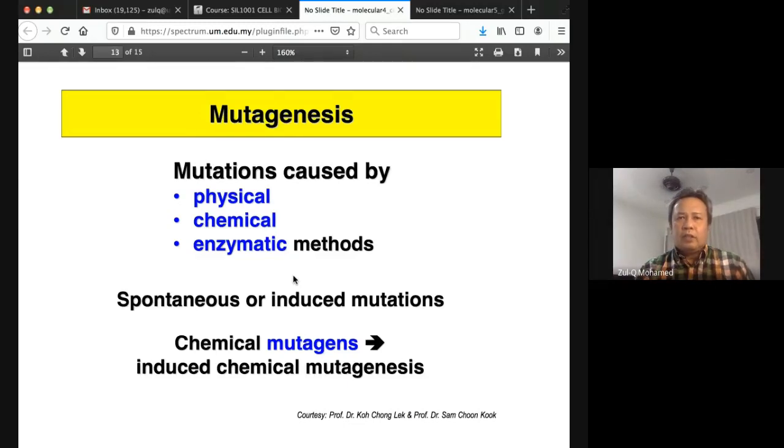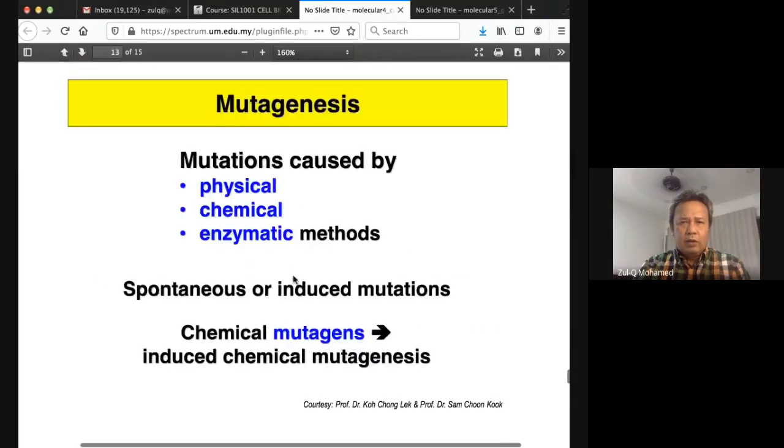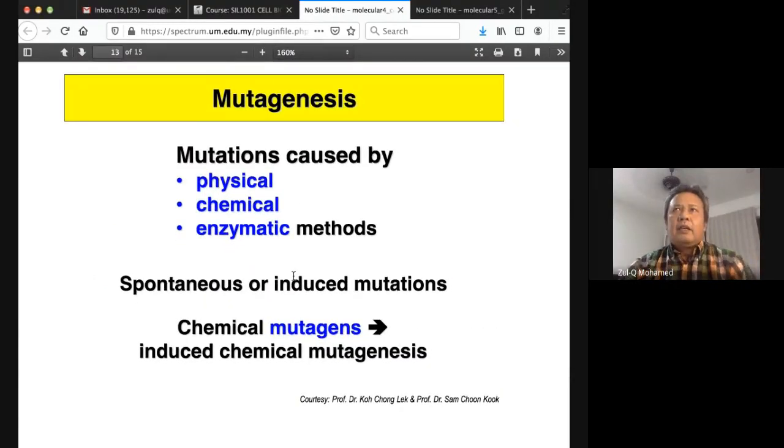Chemical, of course, if you are exposed to certain types of chemicals, there is the whole class of mutagens. We are not going to do that in this lecture, but basically there are chemicals that can add methyl groups, that can remove methyl groups, and some chemicals that intercalate. What does intercalate mean?